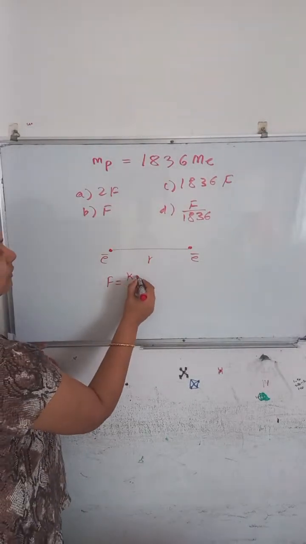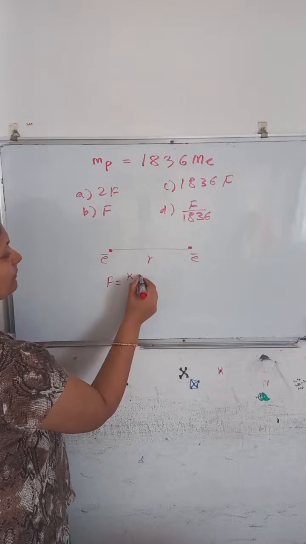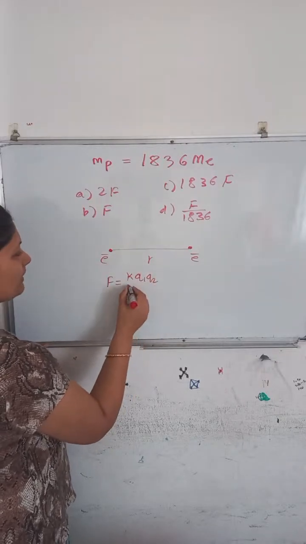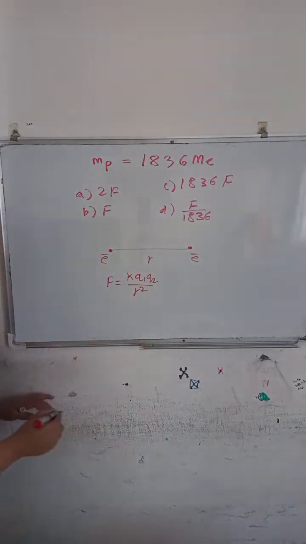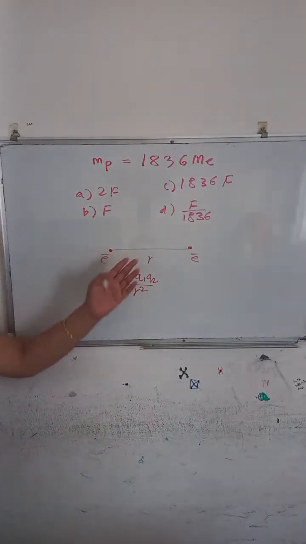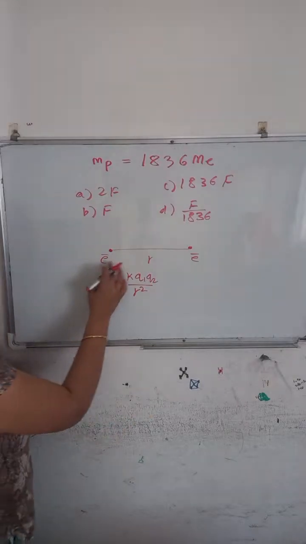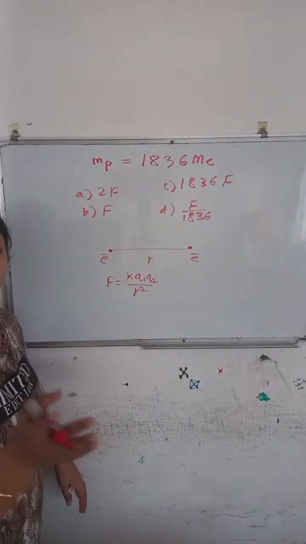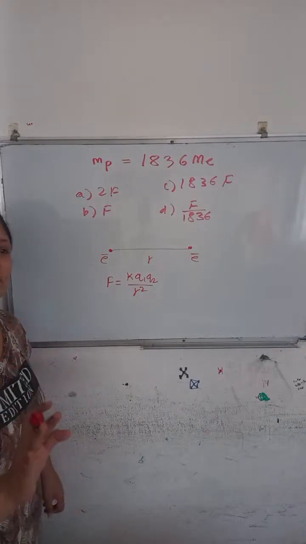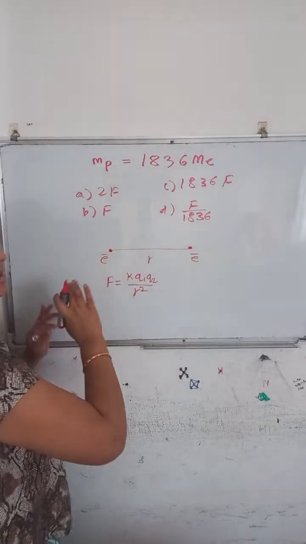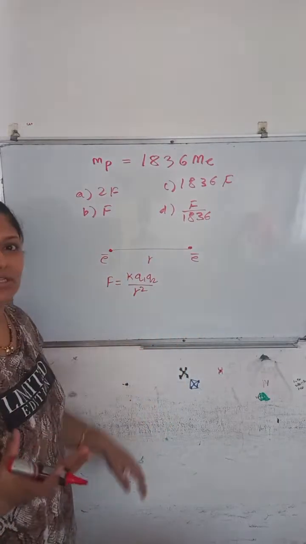That means K into Q1 Q2, that means E1 into E2, E square divided by R square. This is the force between these two electrons. Now in another case, they are replacing these electrons by protons, but the distance will remain the same. Again, in protons also the same repulsion is there, no?